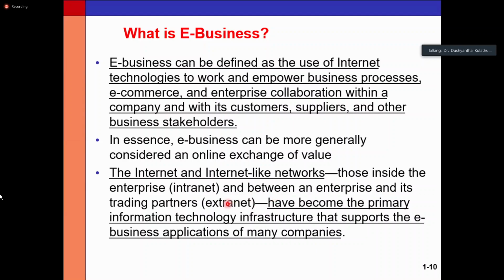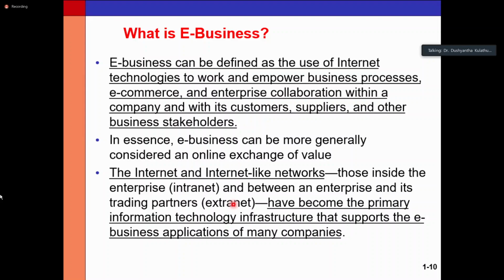But when it comes to extranet, here it says between an enterprise and its trading partners. Extranet is a network which connects an organization with its trading partners, basically its authorized trading partners. Trading partners should be authorized to access the extranet.